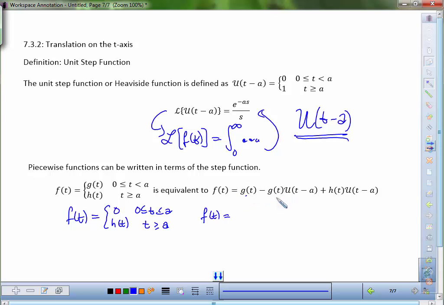So that's 0, and then this is 0, and then it just becomes the step function, or the Heaviside function, times h of t. Because all these other terms would disappear. And that makes sense, right? It's just taking this Heaviside function and multiplying this whole thing by f. So 0 times f is 0, 1 times f is f, or h.